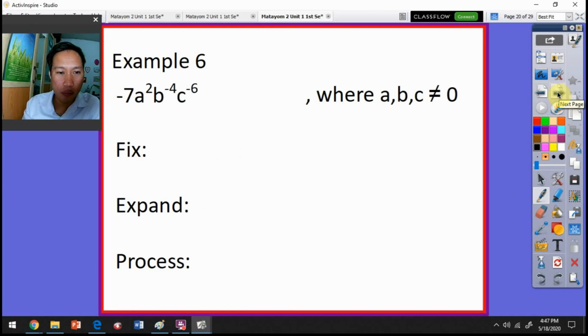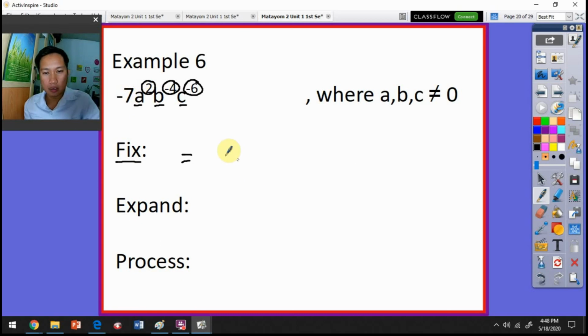Okay, so let's move to our last example here. Okay, so we have negative 7 a squared b to the power of negative 4 c to the power of negative 6. Now we're going to fix this. All right, now this is the exponent, this is the base. Exponent, base, exponent, base. Okay, now negative 7 a squared, there's no negative sign, so no need to put in parentheses.